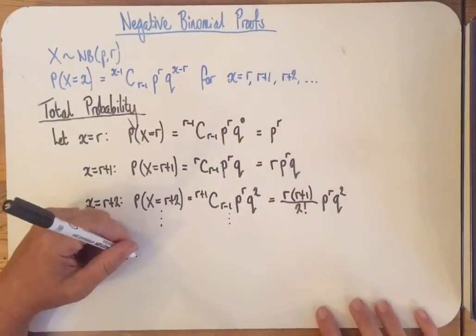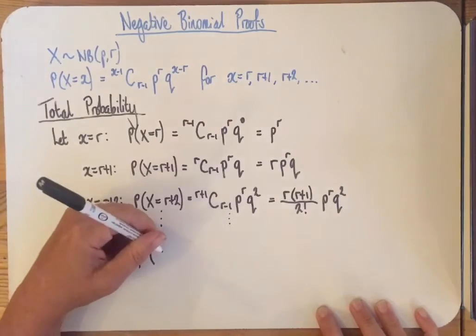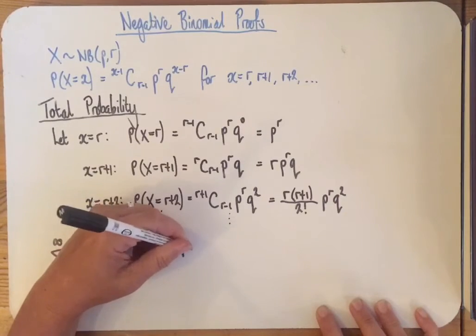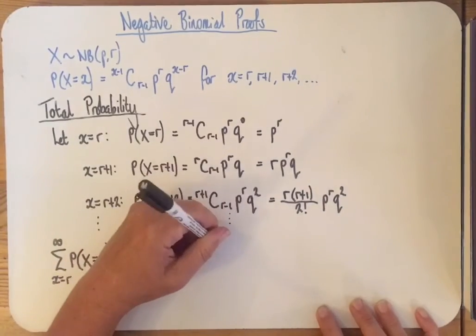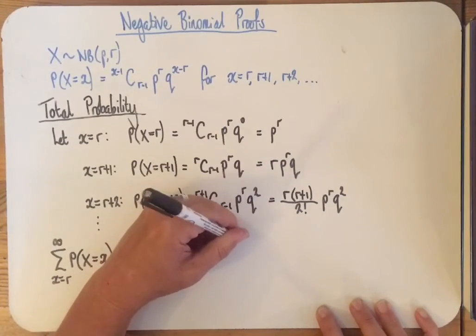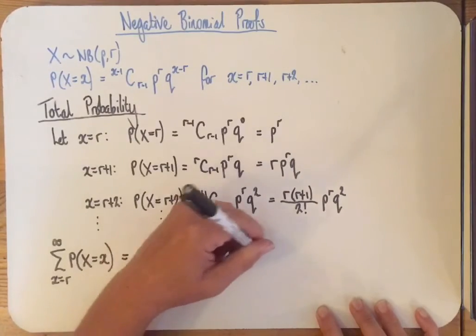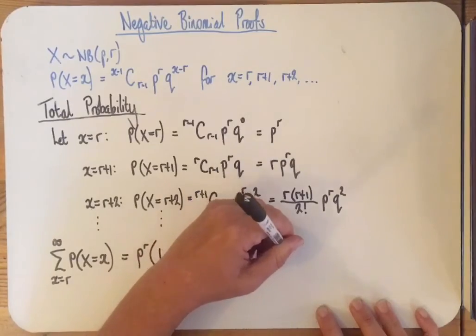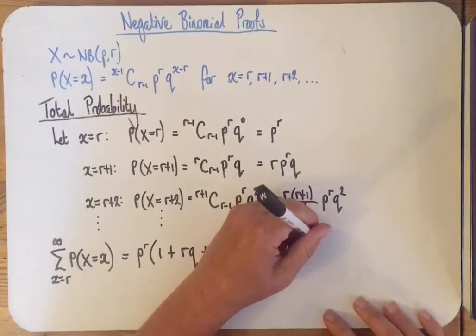I've got a p to the power r in all of them that I can pull out, and then I end up with 1 plus rq plus r plus 1 over 2 factorial q squared plus, and then you would get a pattern emerging from there.